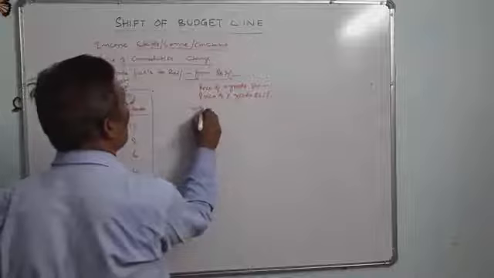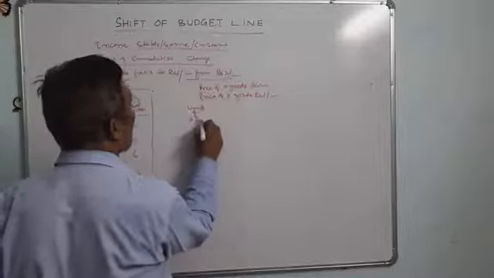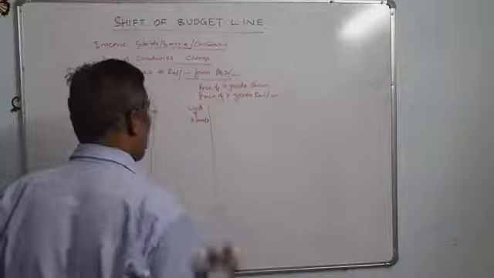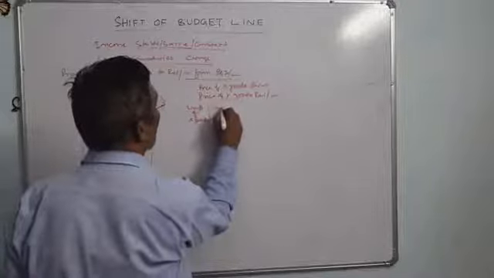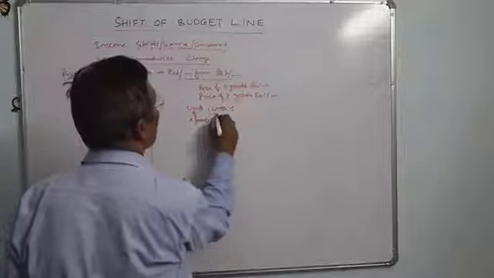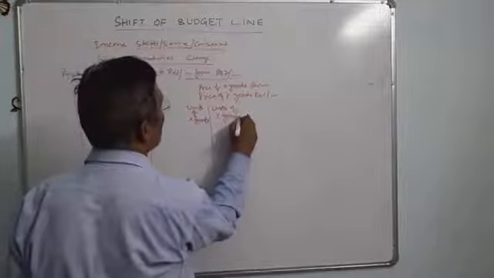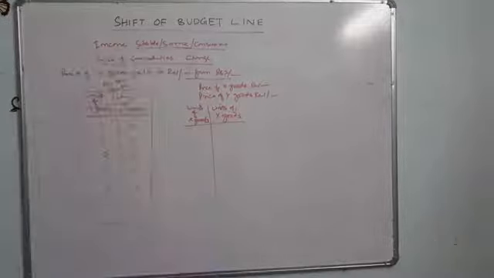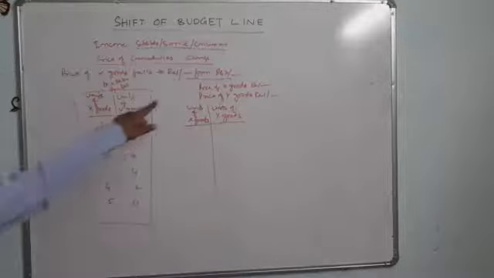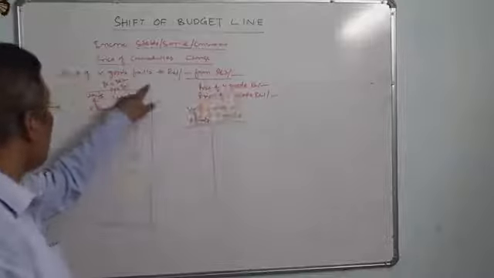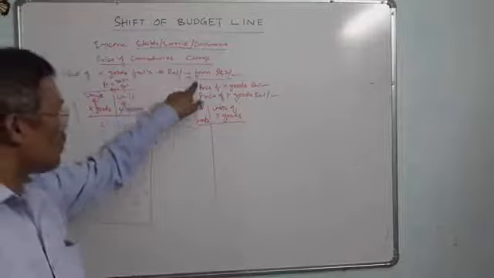What did I say? The price of X goods falls to rupee 1 from rupees 2.